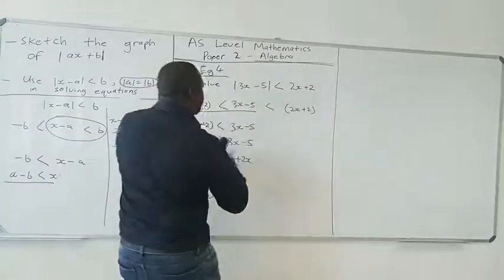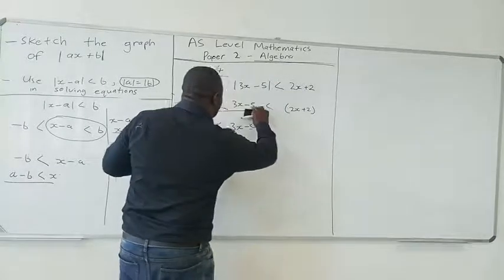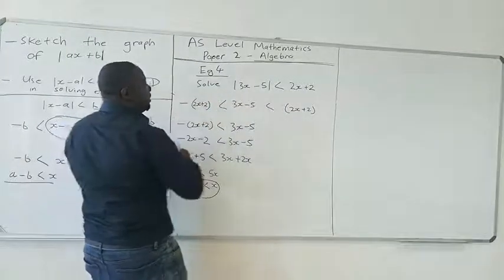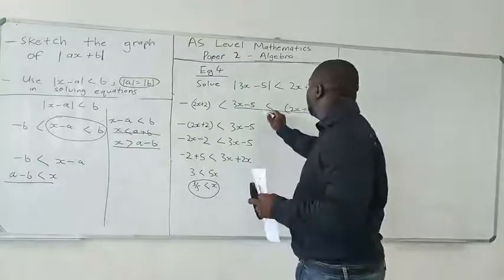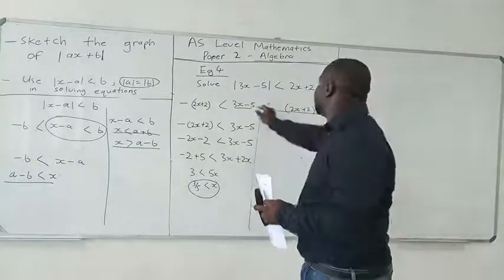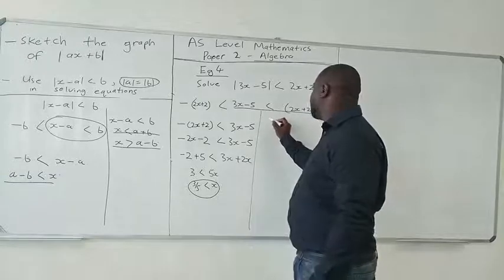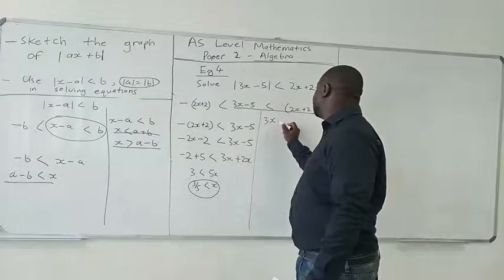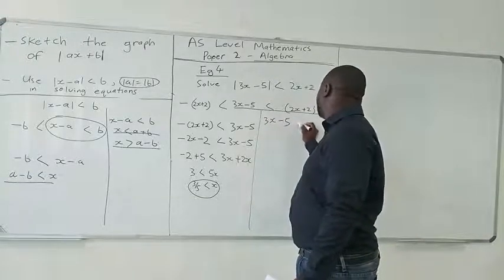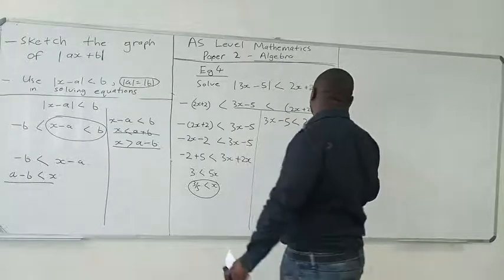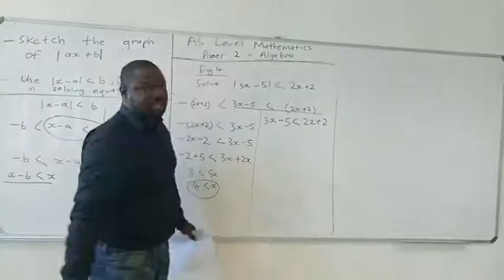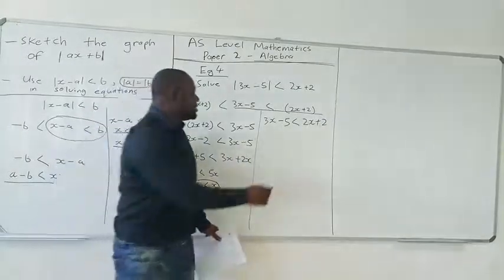And then we now focus on the second aspect of the inequality, which is 3x minus 5 is less than 2x plus 2. We repeat the same process and group the like terms.